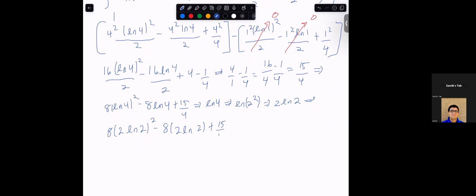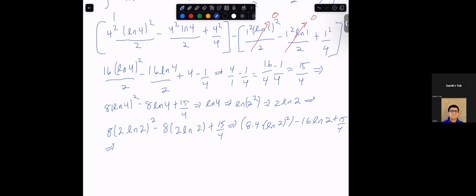So this 2 can come out and multiply 8, as this is in front. This can also, but remember there's a whole square over here. Whole square means this becomes a 4. So we have 8 into 4 into ln 2 whole square. We have that minus 16 ln 2 plus 15 by 4.